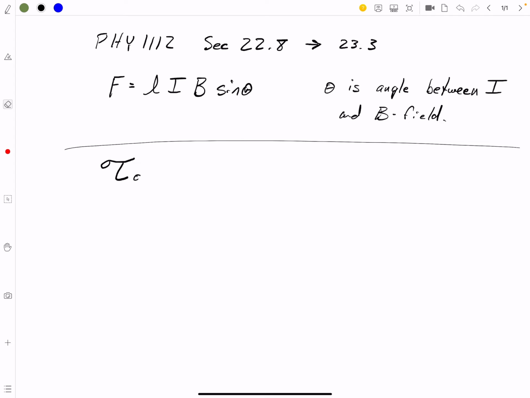I use that symbol for the capitalization of torque. And we're going to look at torque from a current loop. But the current loop is in a magnetic field.